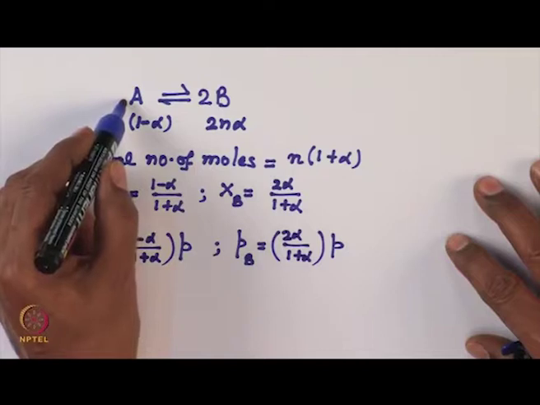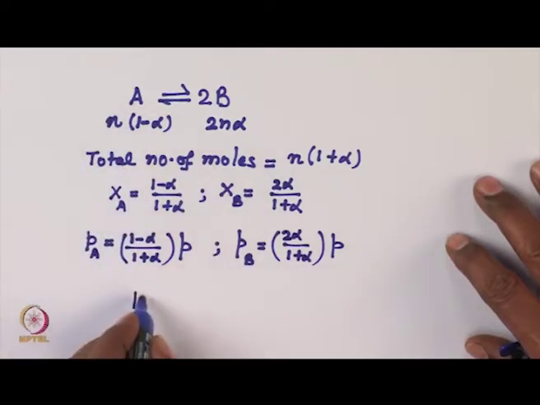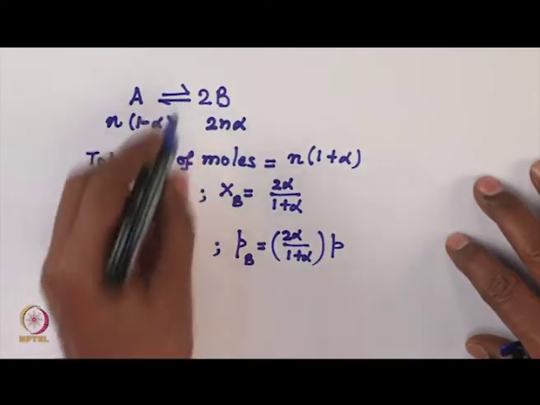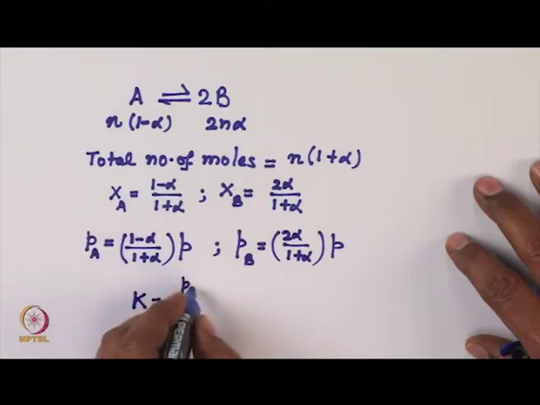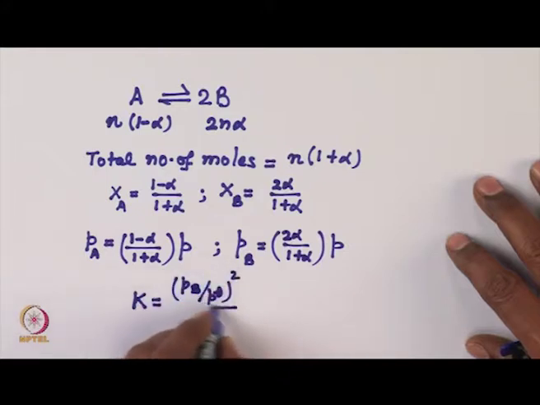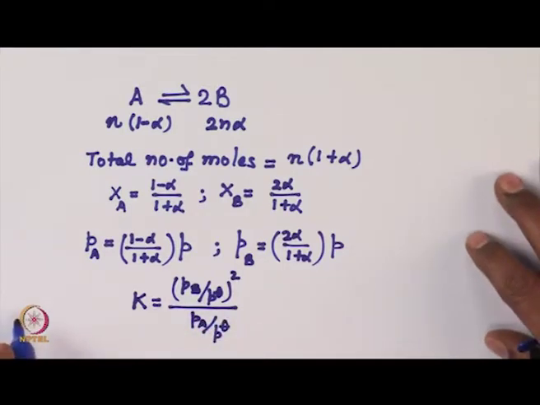And when we write the equilibrium constant for A going to 2B, it is PB by P naught raised to the power 2 over PA by P naught. And you need to substitute. Let us substitute for PB and PA.